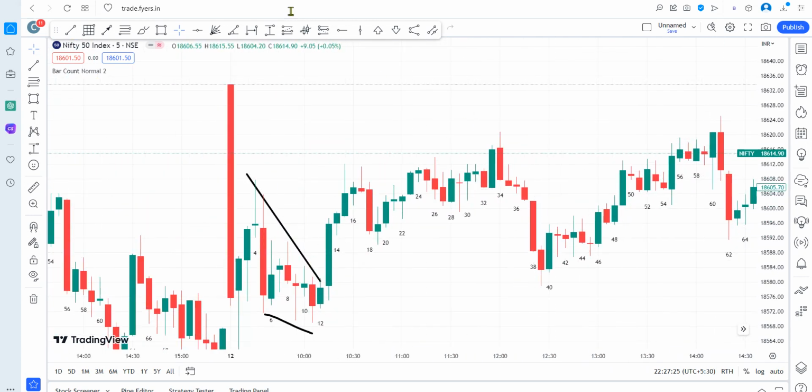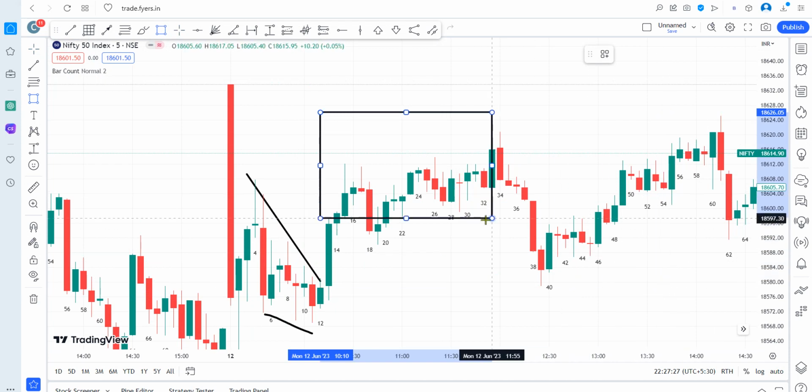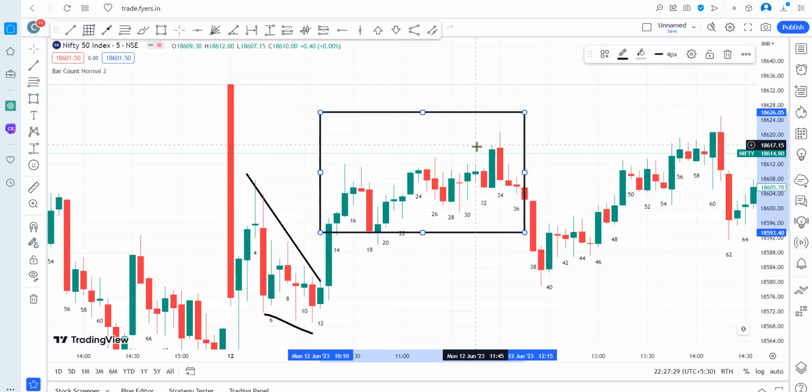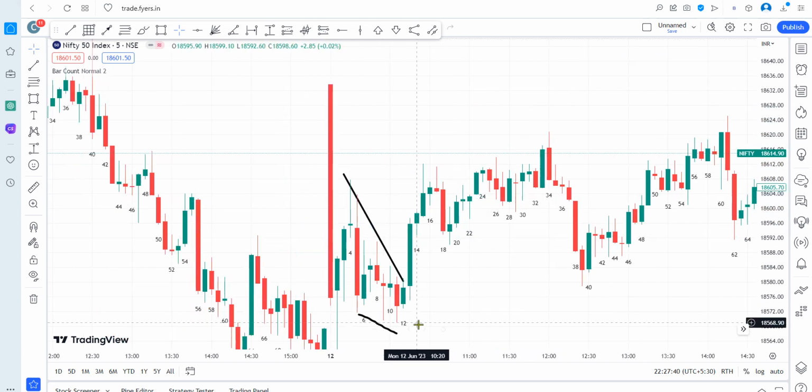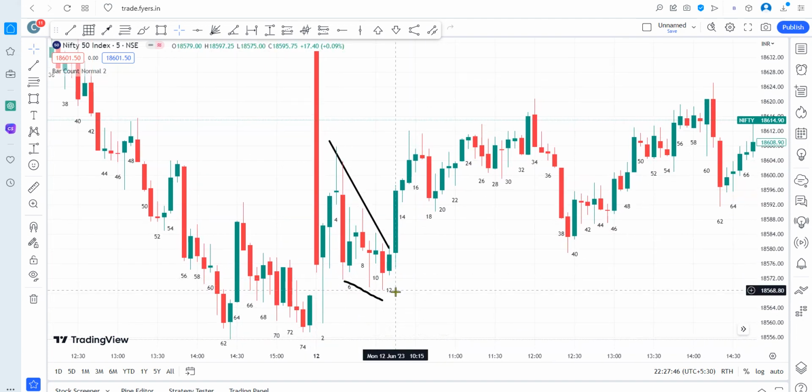Now in this area no selling position will be created. I will tell you later. But the approach is, if you bought here or bought here, you just move SL to the low of the 13th candle and wait.